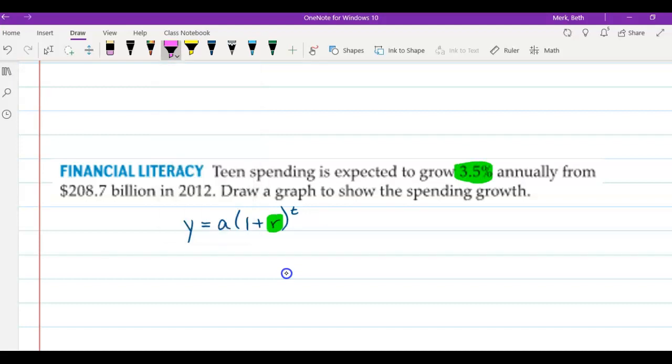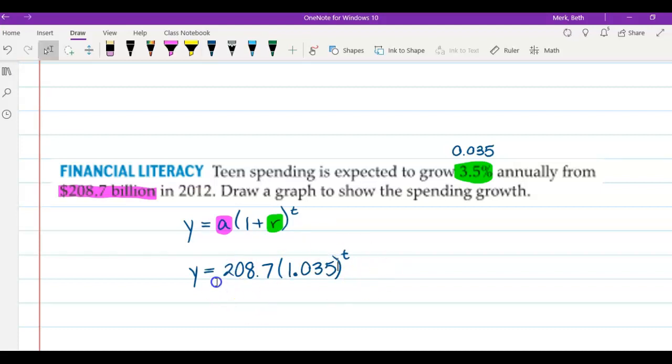We know it's growing from this amount. So that's our initial amount. So we're going to say y equals 208.7 billion. Now I'm going to add this in the same step. 3.5% as a decimal looks like that. So 1 plus that is 1.035 to the t.